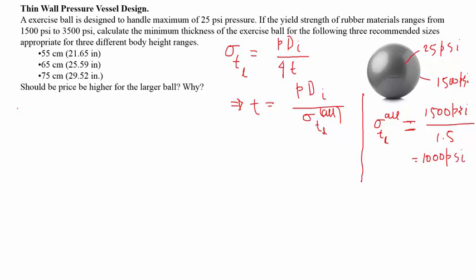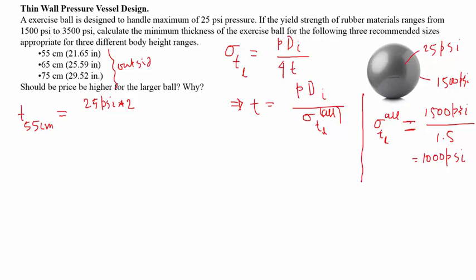So if I calculate this for the 55 centimeter ball, or 21.65 inches, the pressure is 25 psi inside pressure times the inside diameter. This probably should be only the outside diameter.